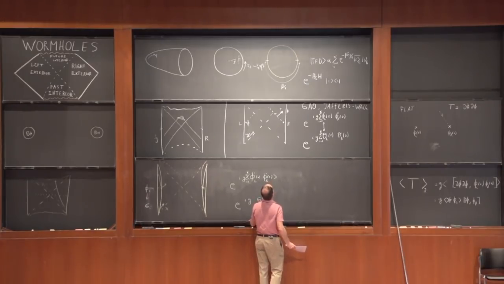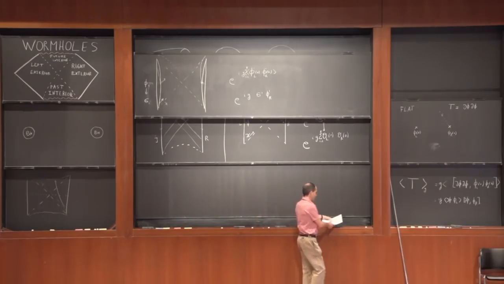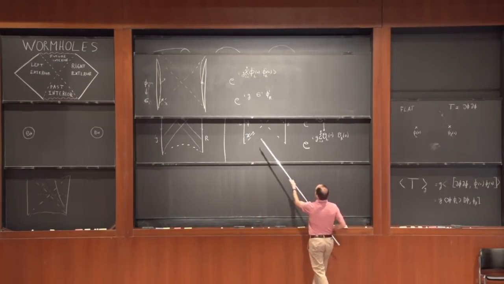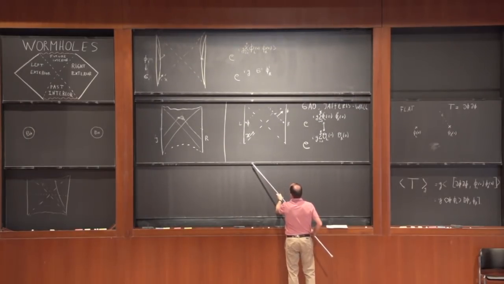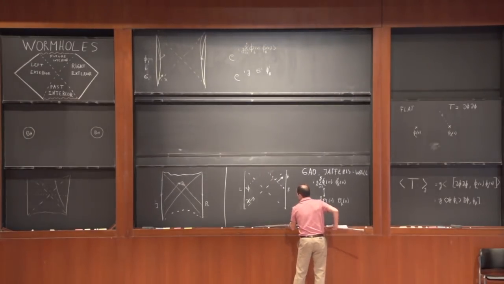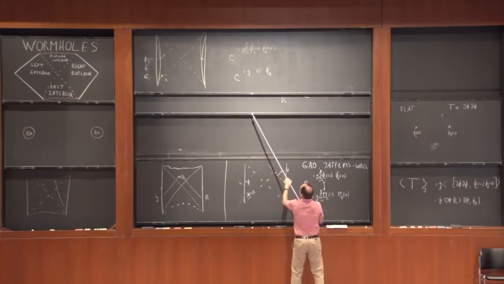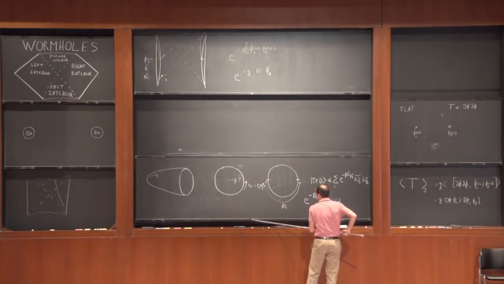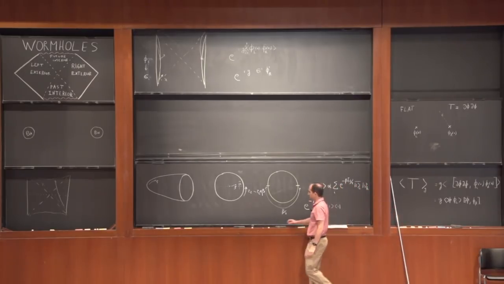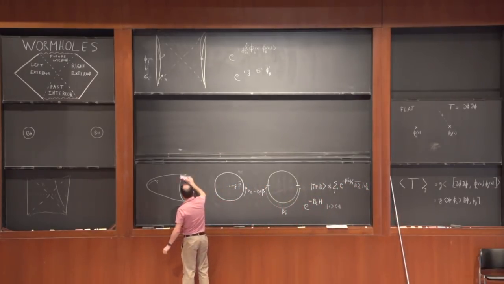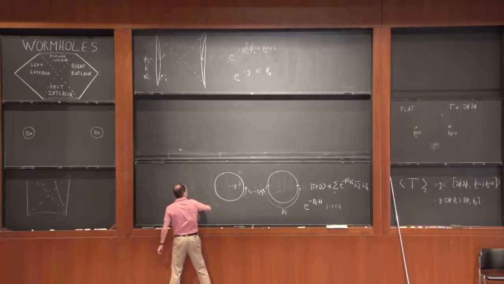So let me review now quantum teleportation and discuss how this gives us a geometric picture of quantum teleportation happening through the wormhole. So let's say we have the proverbial Alice and Bob, and Alice wants to send Bob, who's far away, a qubit.